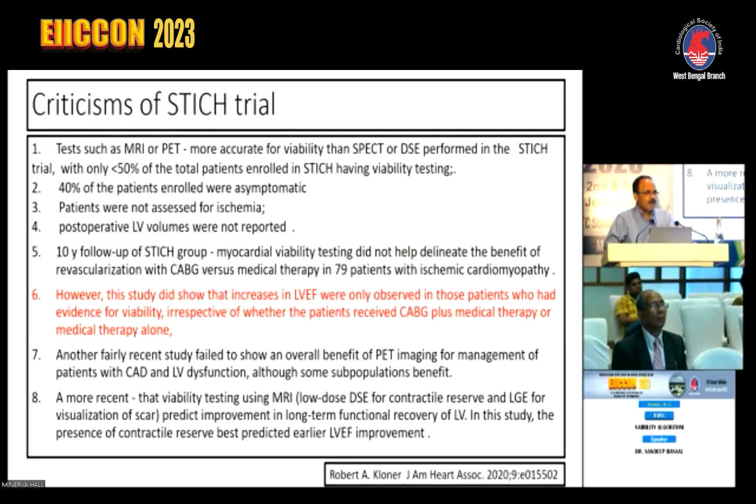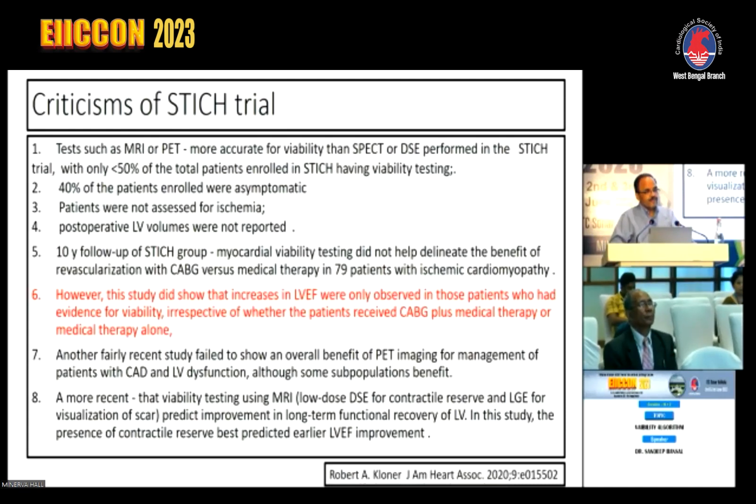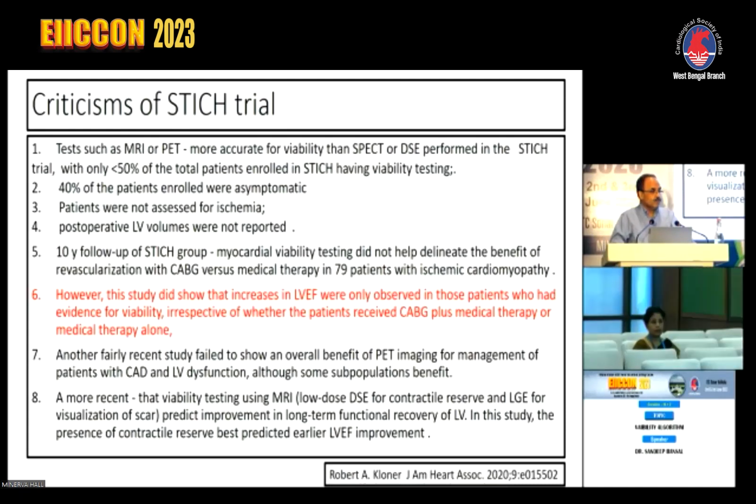However, there were many criticisms of this because the STICH trial did not use MRI or PET. They used SPECT or dobutamine stress imaging, which we all know are not the gold standards. Almost 40% of these patients were asymptomatic. The patients were never assessed for presence of ischemia. So it is quite possible that many patients had ischemia, and the LV volumes were not reported.